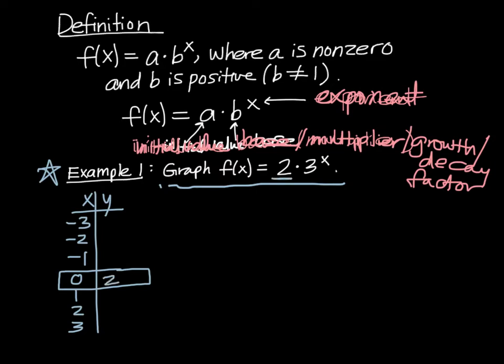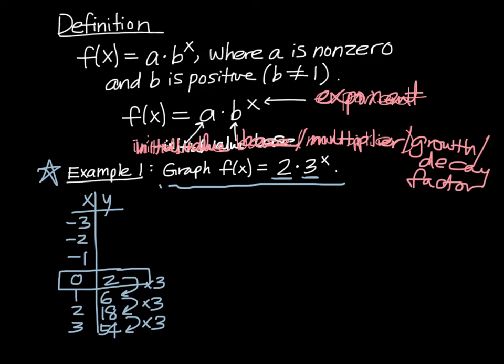So this is 2. The base tells you what number to multiply by to get to the next output. So the next output will be 2 times 3, which gives you 6. Then you multiply by 3 again, which gives you 18. And you multiply by 3 again, which gives you 54.